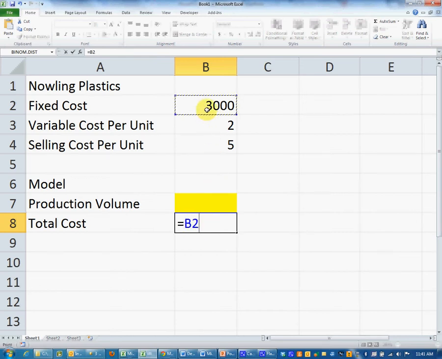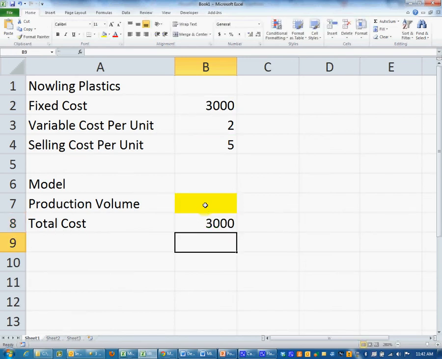So your fixed cost is 3,000, so that cell, plus the variable cost will be what? Anybody? $2 times however many you end up making. So that cell times that cell.